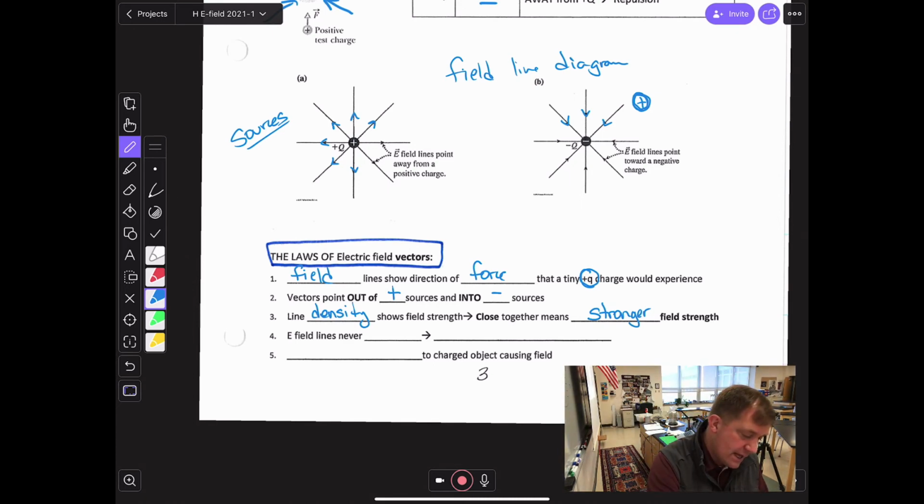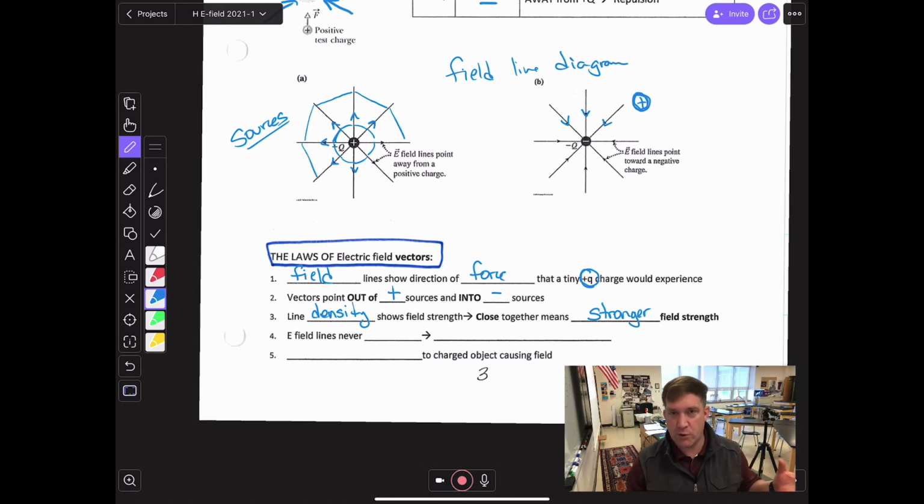But you notice that at a short, close distance away, they're pretty close together. See how the neighboring line is not very far away. And that tells you that the E field is strongest closest to the source. How far away are these lines out here? Well, that's clearly a greater distance. They're more spread out. That's how it works with a starburst or ray pattern that comes out. So the picture shows that the field is strongest when the lines are closest together.